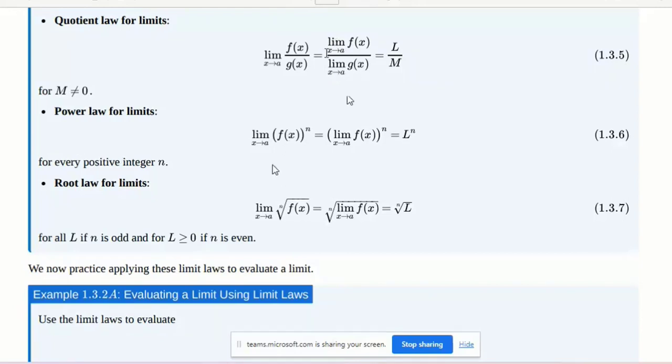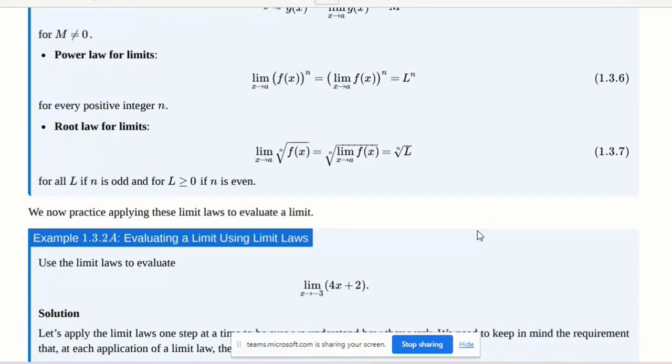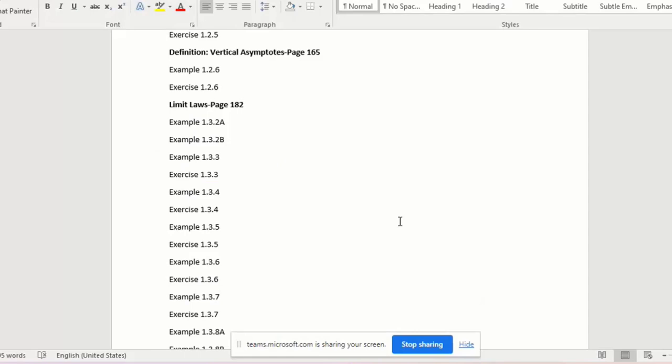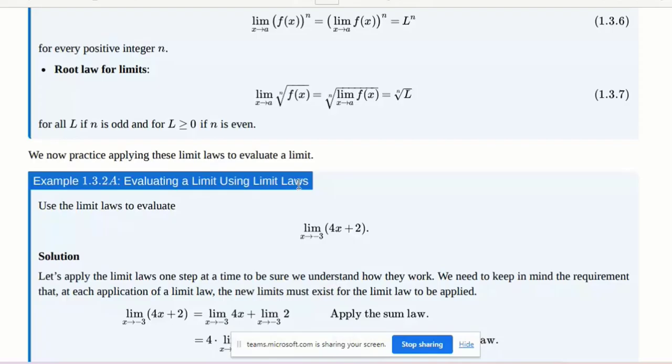The power, the square root. Yes, these are covered in the module. Let me check example 1.3.2. Not everything is covered in this syllabus.